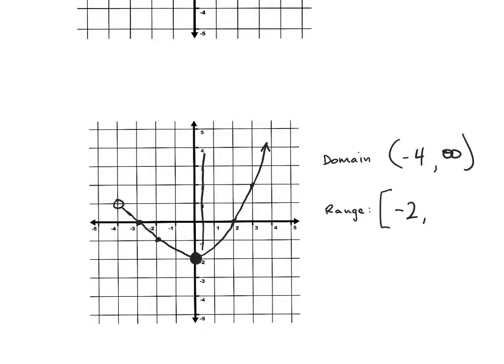And then the highest number, since again this graph continues to go up and up and up, I can go up to 6, I can go up to 7, I can go up to y equals 100, and still have an output value there in the graph. So the upper bound of our range is positive infinity. And notice I always use a grouping symbol around infinity of a parenthesis. You never use a bracket around infinity, it's always a parenthesis.